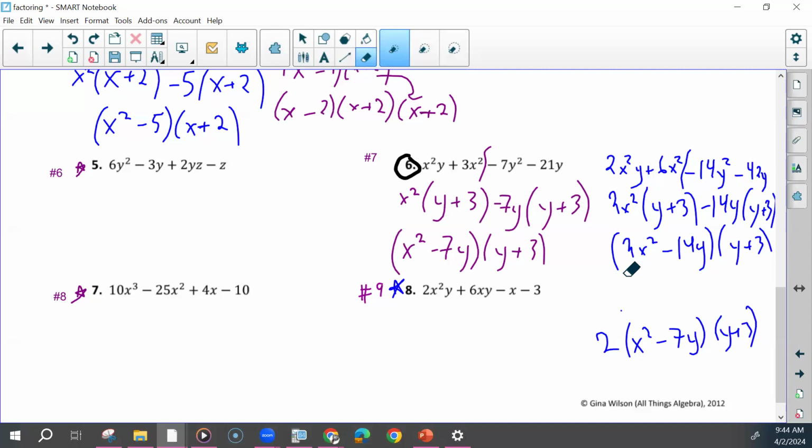Work on something. So if you are missing the Delta Math from before spring break, now would also be a good time to do that.